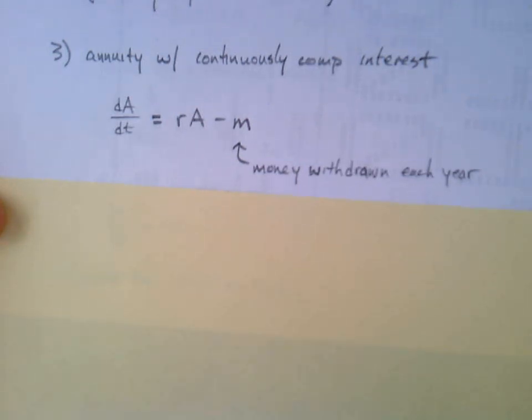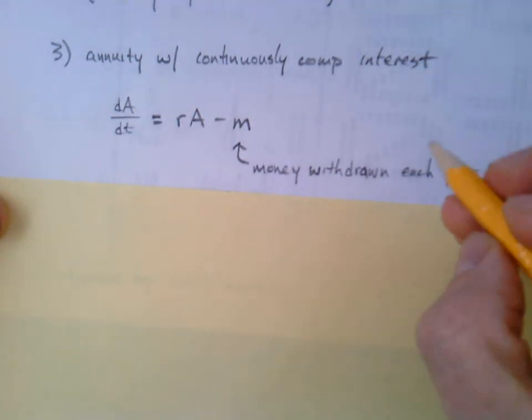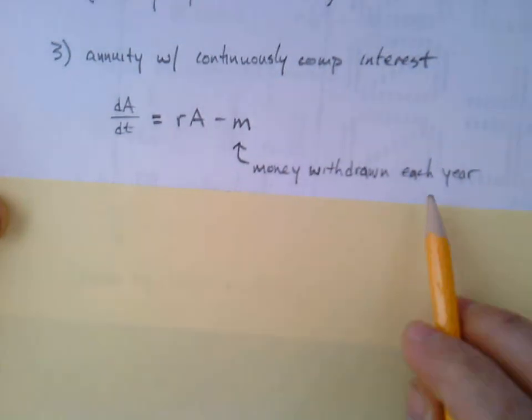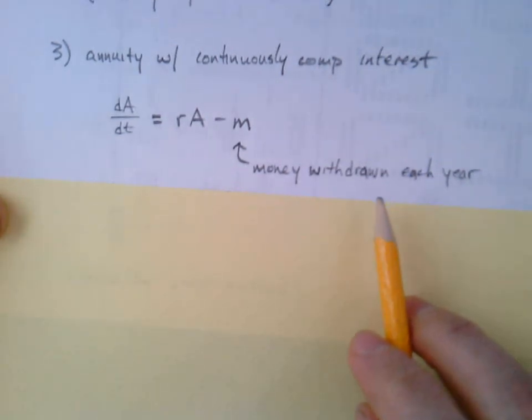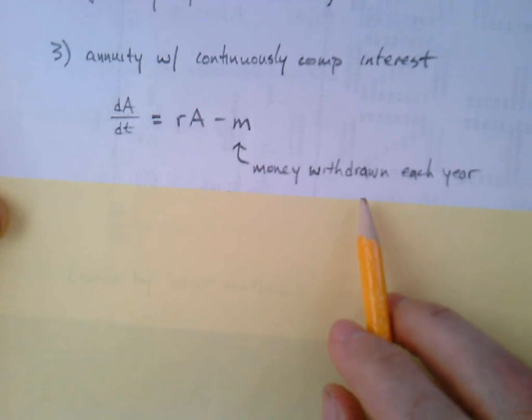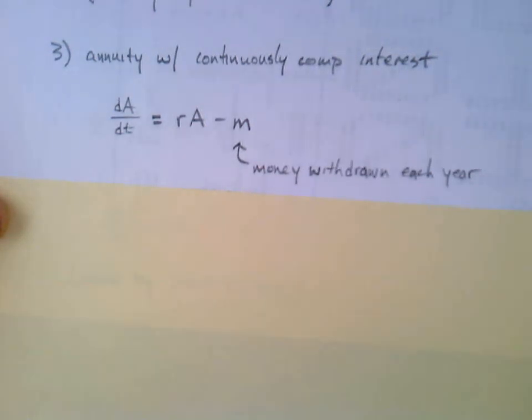They don't just let their money sit in an account and gain interest forever, and they never touch it. They take money out, right? So an annuity means that you've got a certain amount of money in your account, and it's gaining interest, but you're also making withdrawals. So we're going to keep it simple. We're going to say you make withdrawals each year, and you always withdraw the same amount every year.